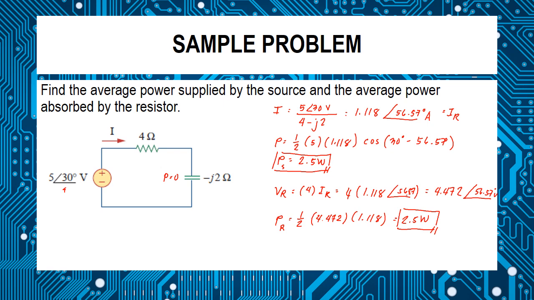Therefore, our average power is equal to 2.5 watts. And then, if we will get the average power absorbed by the resistor, we know that the current flowing through this resistor is the same as the total current I, since they are in series. So I_R is also equal to this value.